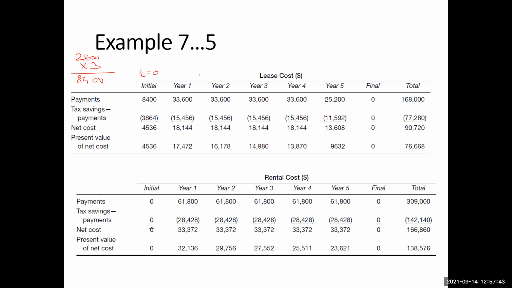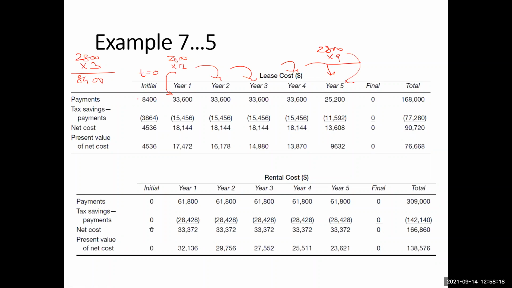In year 1, you will pay for 12 months, so 2,800 times 12, which is 33,600. It is the same in years 2, 3, 4, and 5, because for 3 months you have already paid, and you will not pay more than 60 months. So in the last year, you will pay 2,800 times 9, so it will be $25,200.